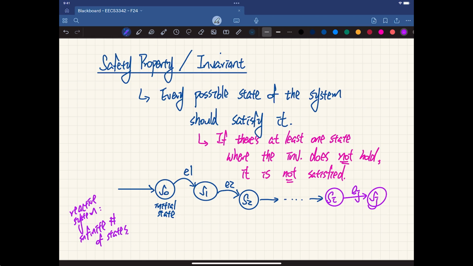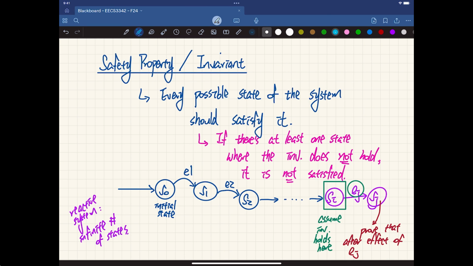So what we really want to prove is, in general, given Si, assume the invariance holds. Then, according to the definition of the event Ej, we want to prove that after the effects of Ej, the invariance holds again.